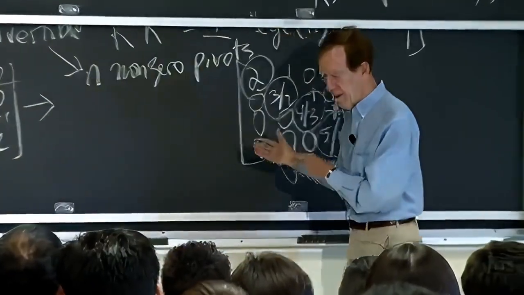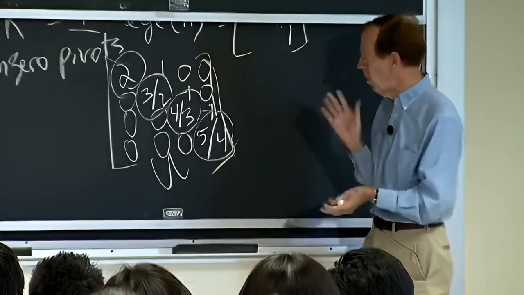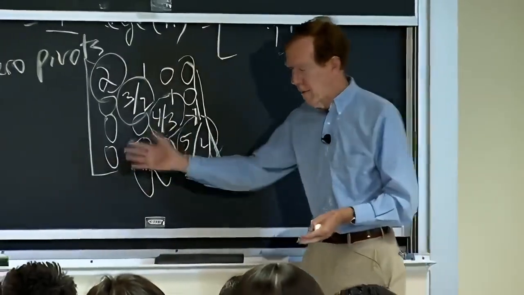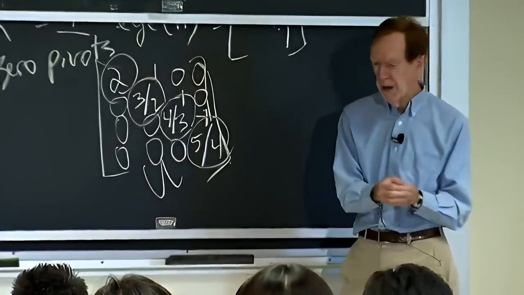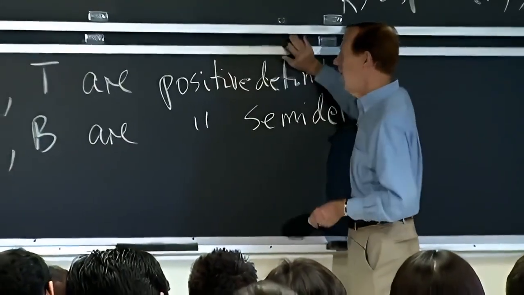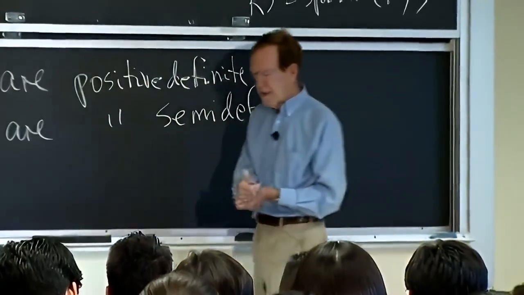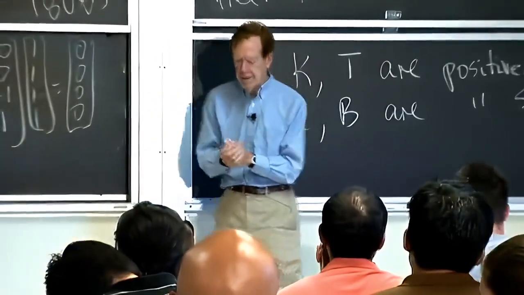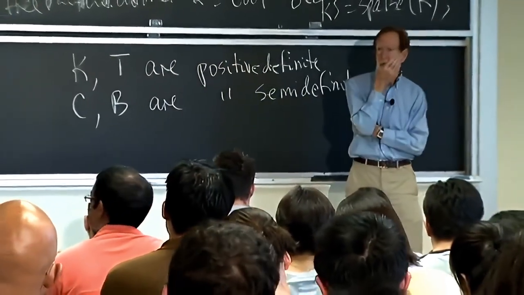So that's a test. One way to recognize it is to compute the pivots by elimination. Are they positive? We'll see that all the eigenvalues are positive. The word positive definite just brings the whole of linear algebra together. It connects to pivots, eigenvalues, least squares. It's all over the place. Determinants too.